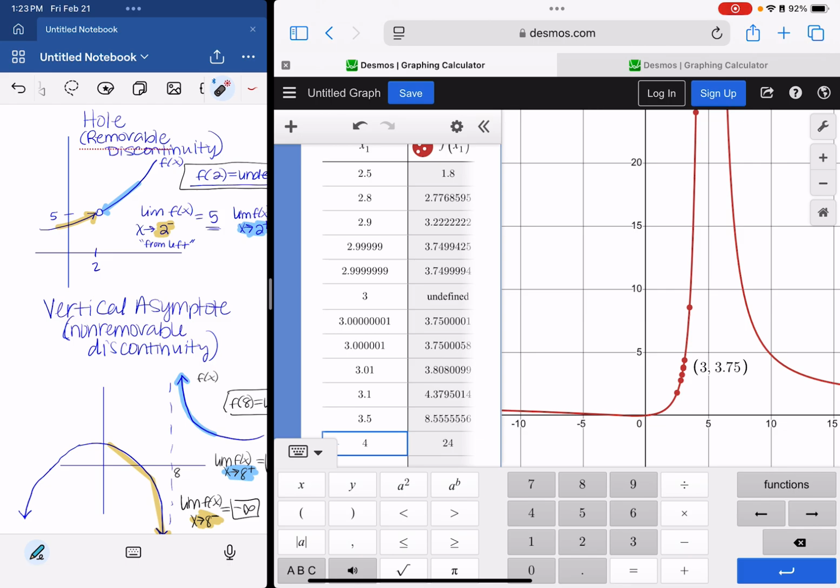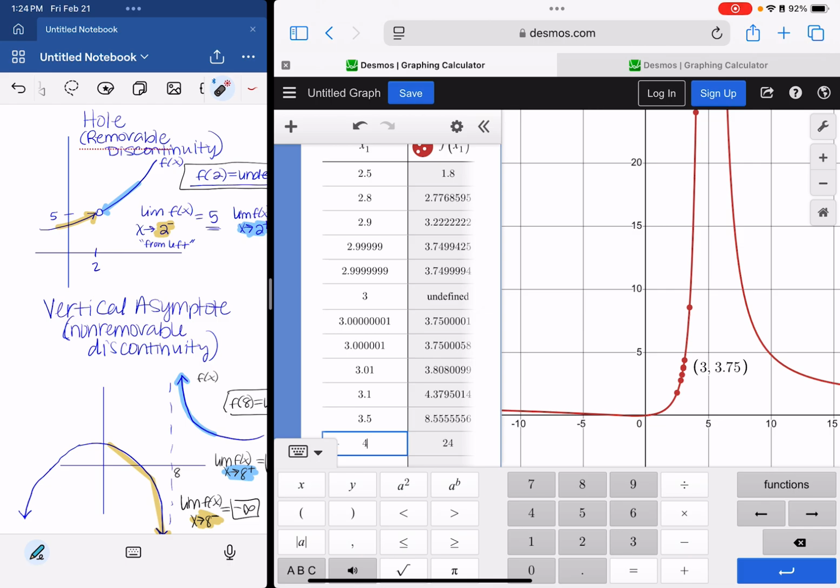That would give me evidence in a table with number patterns that it's going to infinity without the word or symbol infinity being written. And then notice that right after we get to the x value of 3, the next data table value for x will be 3.000000, however many zeros I type, 1. You see that it picks up right again at 3.75.